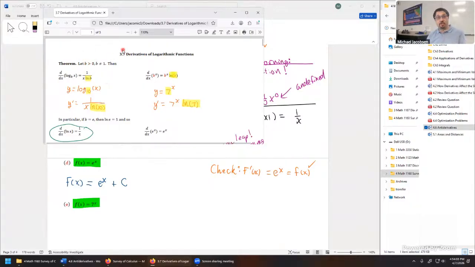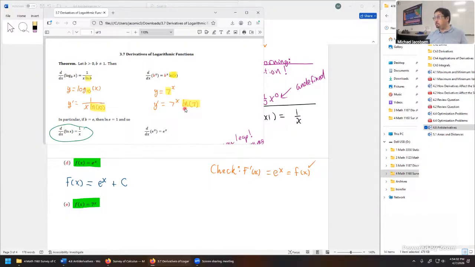So even though this is section 3.7 on logarithms, we also reviewed how the exponential functions work at the same time. So if we take the derivative with respect to x of b to the power of x, we get b to the power of x times the natural logarithm of b. So in other words, if you differentiate 7 to the power of x, the derivative of 7 to the x is just 7 to the x times the natural logarithm of 7.